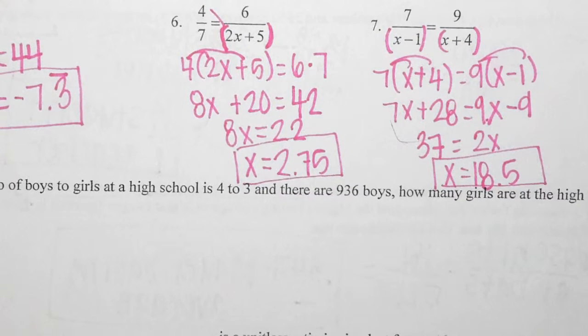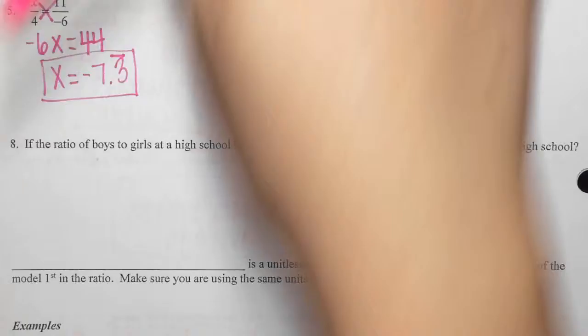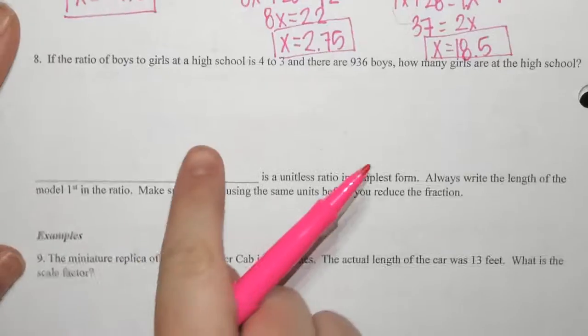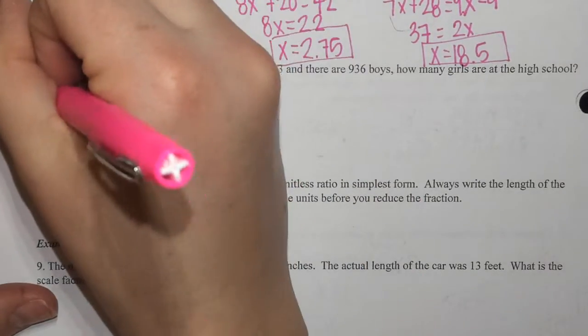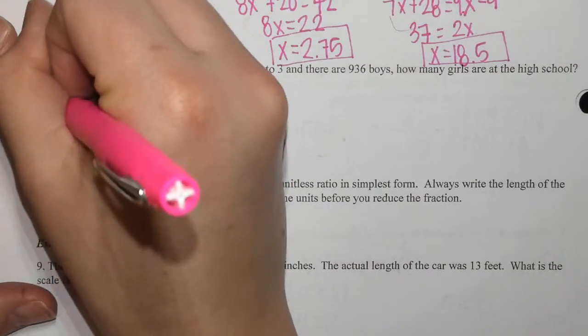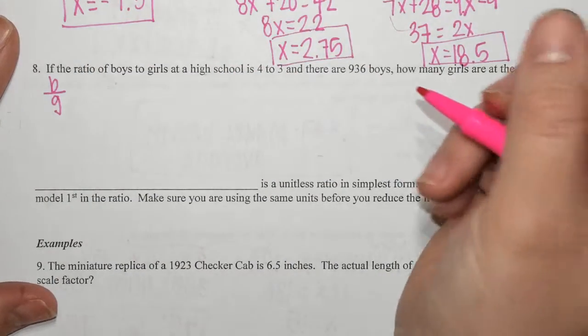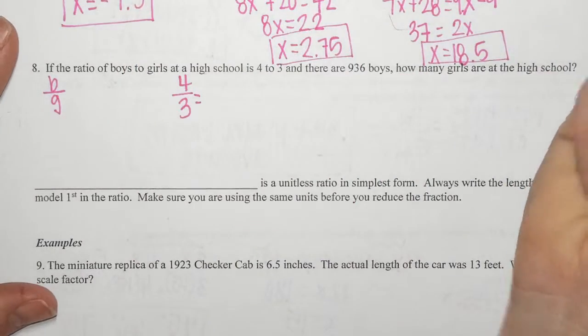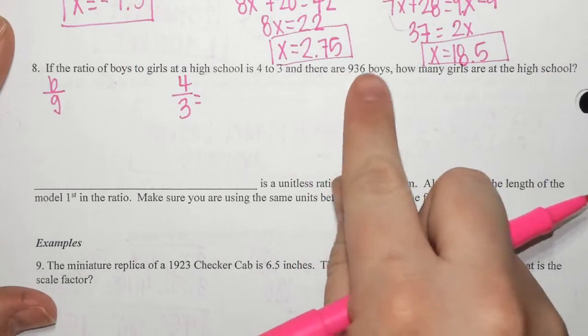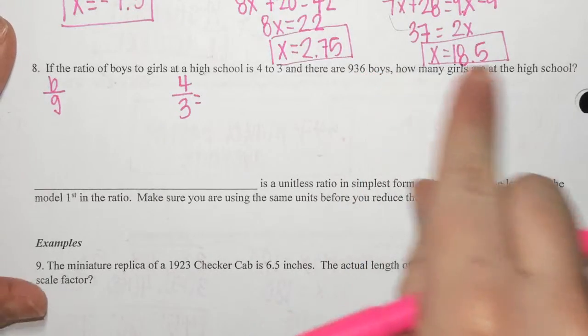Okay? Questions on these? How is it cross multiplying? Okay, let's add on one more, and then I'm going to give you your classwork. So, if the ratio of boys to girls at a high school is 4 to 3, and there are 936 boys, how many girls?